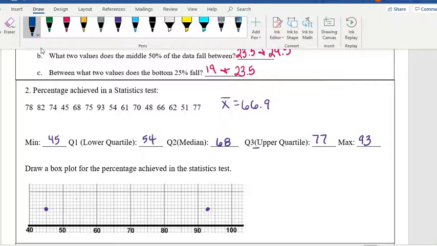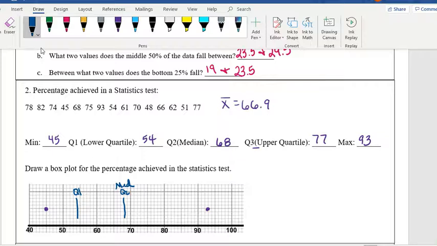So if I want to go 54, this is my Q1. My median is 68, 1, 2, 3. That's, I started to say Q2 or median.